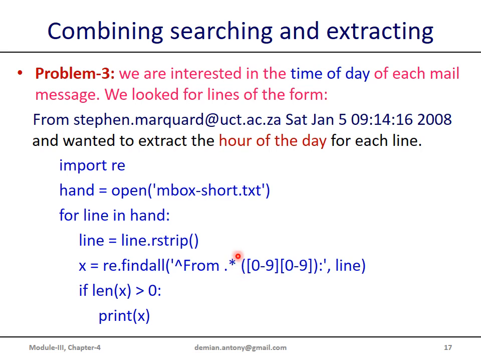This is required. Then followed by the first digit, and this is the second digit, because for hours I've got only 2 digits. Then followed by a mandatory colon. So we don't have to extract this space, and we don't have to extract the colon either, but we have to extract only these numbers. Include these two things within the parenthesis. This gives me the hour, that is 09.